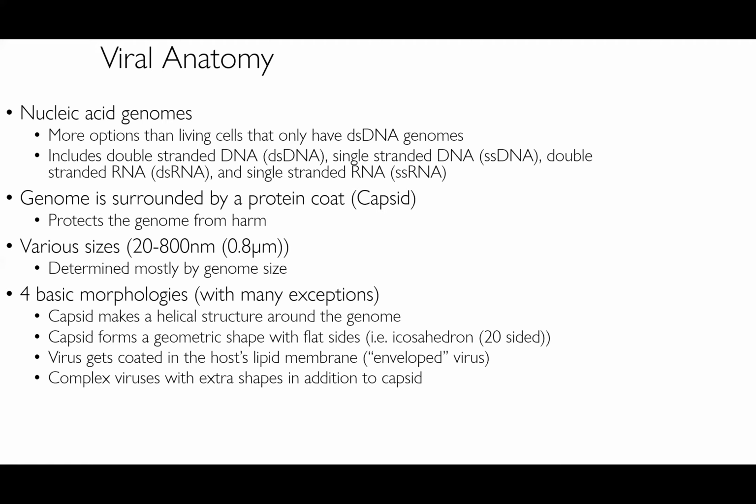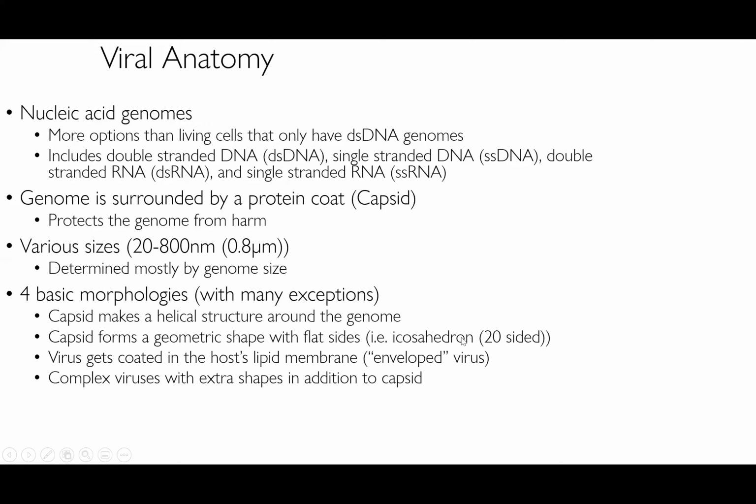Viruses generally have four basic morphologies, and there are many exceptions. Unlike their bacterial counterparts, viruses take an immense variety of shapes and structures. The four basic morphologies are: capsid making a helical structure, and capsid forming a geometric shape with flat sides.